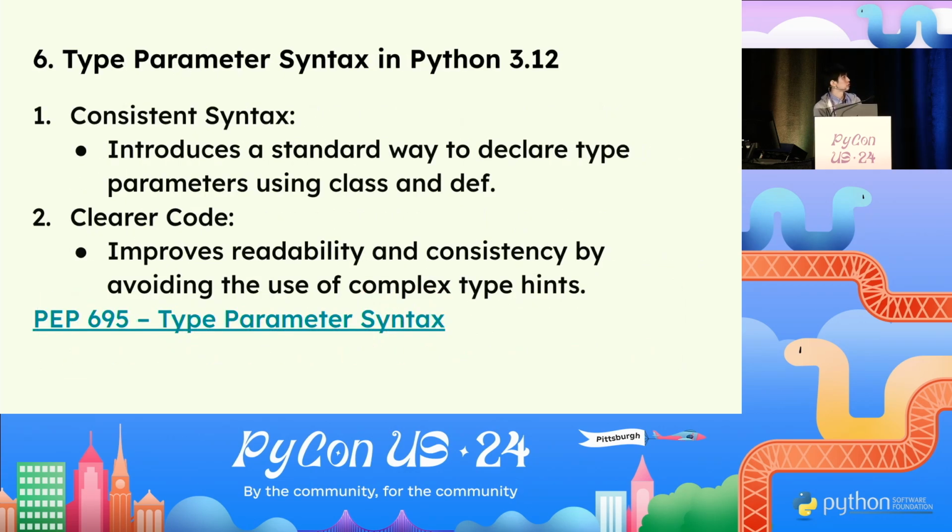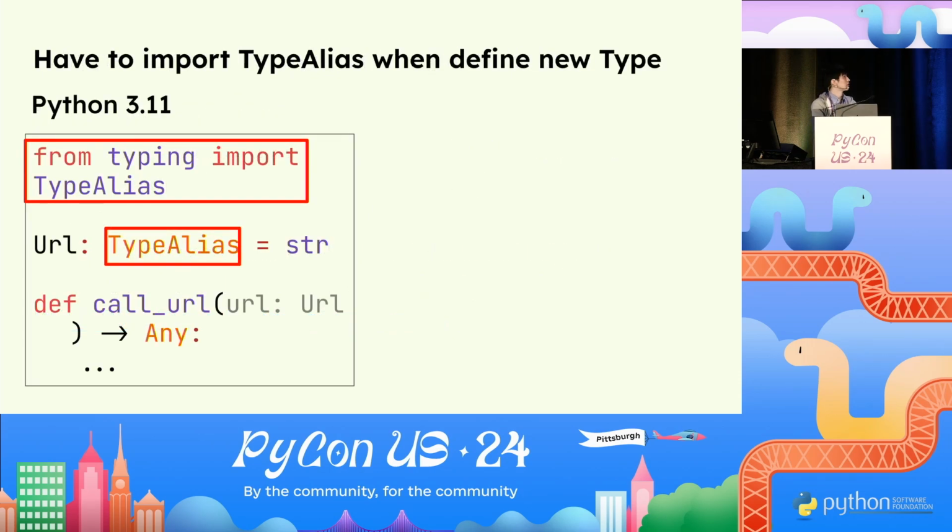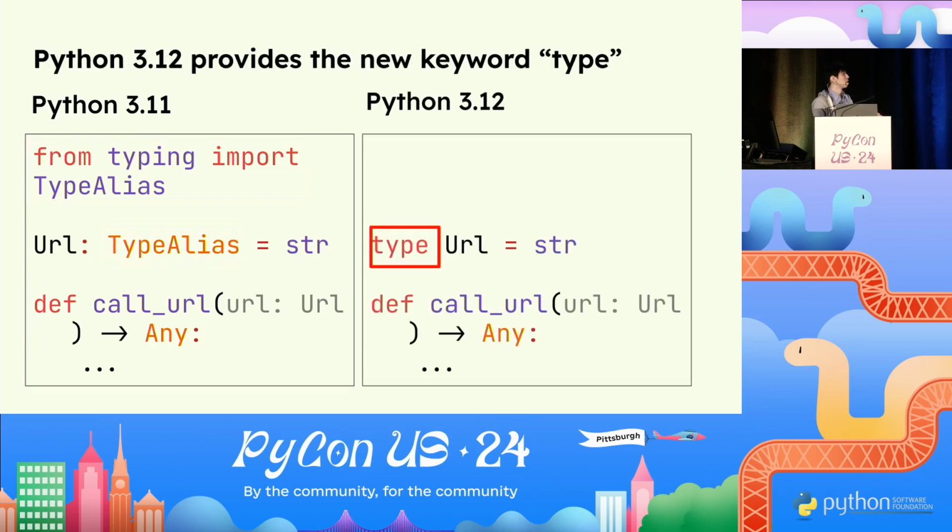This is a new feature of Python 3.12. We can use the new syntax. Before 3.11, we had to use TypeAlias to define a new type, like URL is a string, and we always had to import it from typing. But in 3.12, we got the new keyword type.